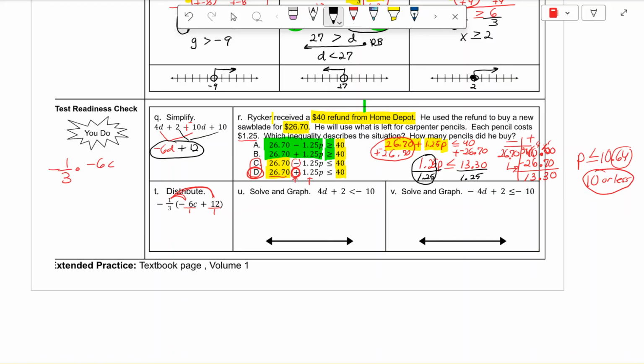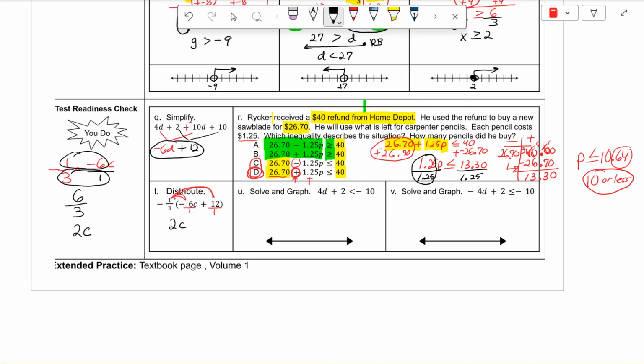I'll help myself out by making negative 6c into a fraction. And then I'll just multiply straight across. A negative times a negative gives me a positive, and 1 times 6 is 6. 3 times 1 is 3. And 6 divided by 3 is 2. I'll put the c back behind it. So my first problem is 2c.